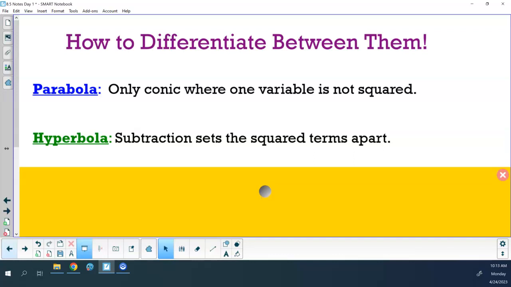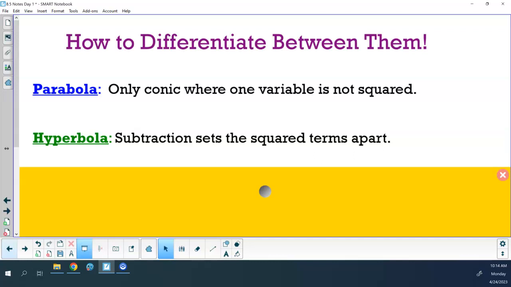The hyperbola is easy because one of the 2 squared terms has a negative sign, a subtraction sign, in front of it. It's x squared minus y squared, or 9x squared minus 4y squared, or 17y squared minus 5x squared. A subtraction sign separates the squared terms.